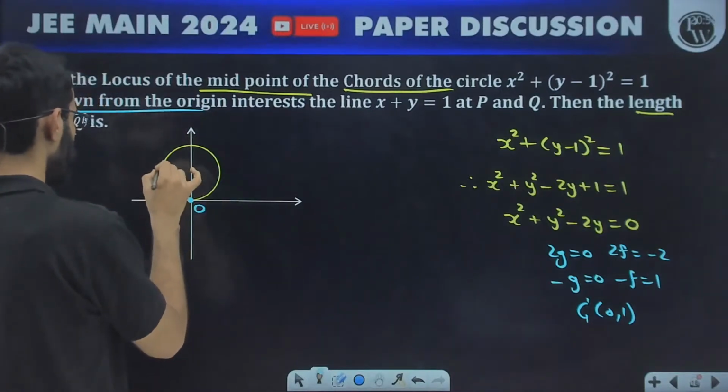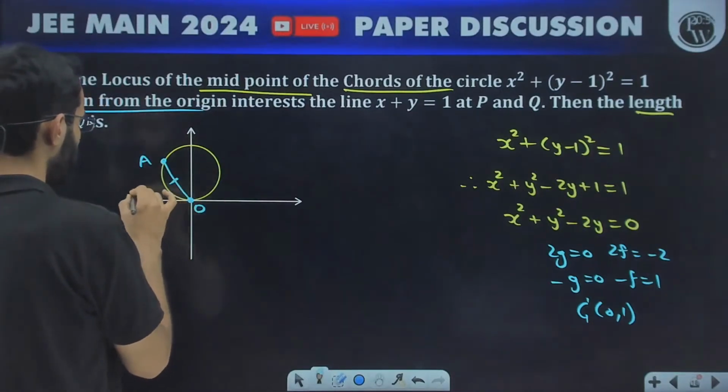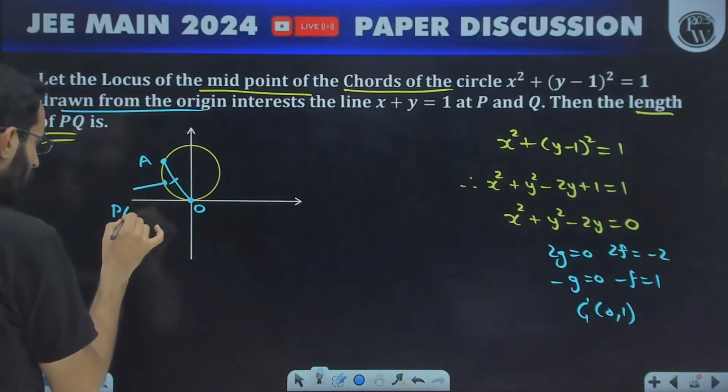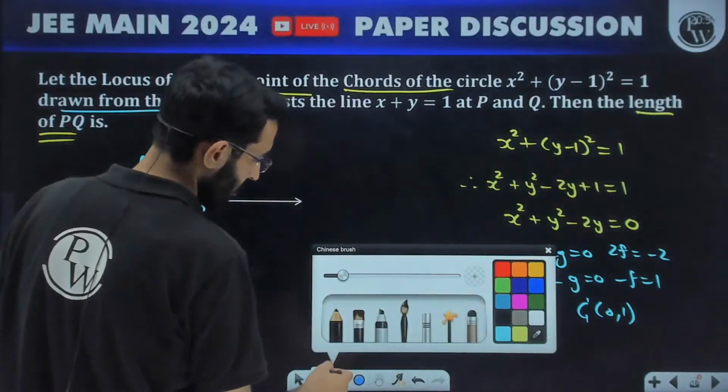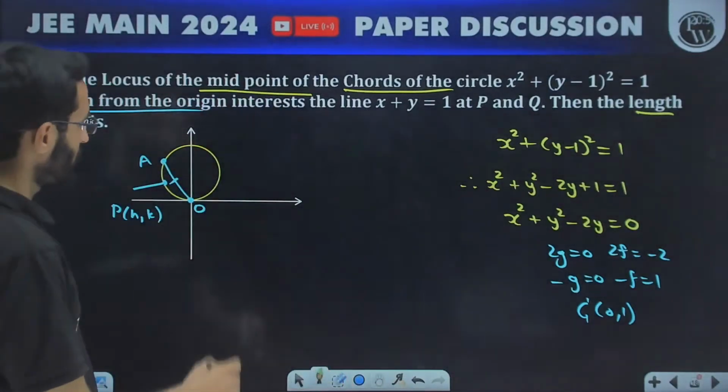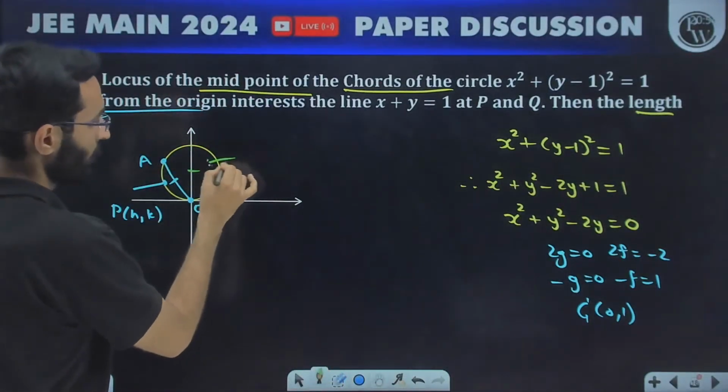Suppose this chord is OA, and its midpoint, whose locus we need to find, you can take as P(h, k). Its center is (0, 1).